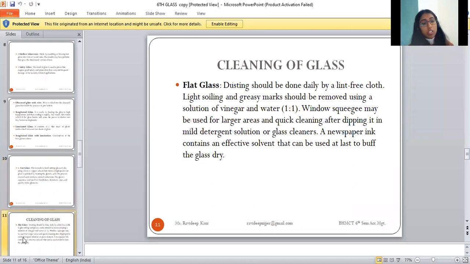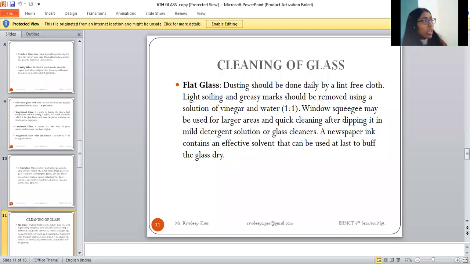Now let's come to know how we take care of all these types of glasses, how we clean and maintain them. The first category which we have here is flat glass. Flat glass dusting should be done daily with a lint-free cloth.